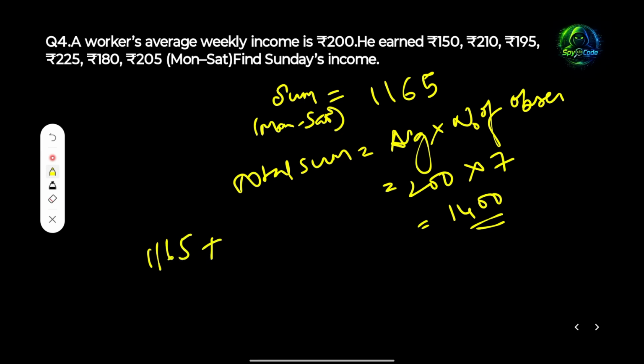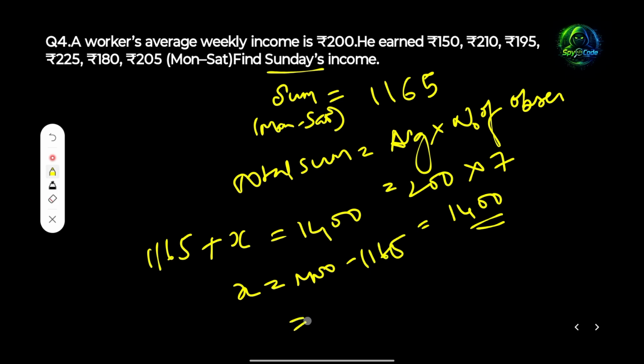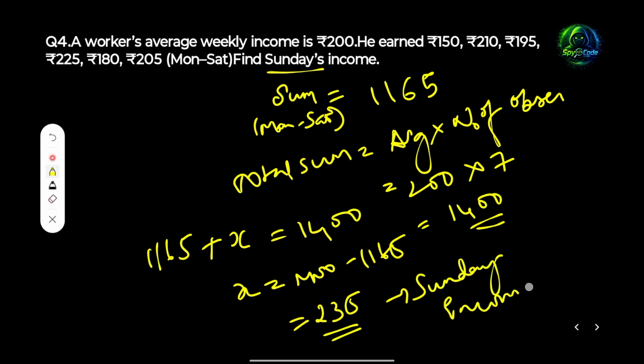We need to find Sunday's income, so let us take it as X. Total is 1400. On solving this, 1400 minus 1165, our answer is 235. So this is Sunday's income.